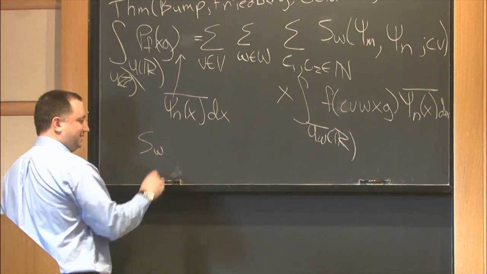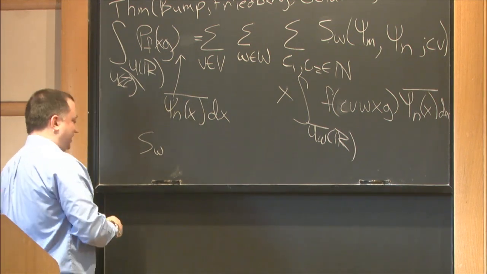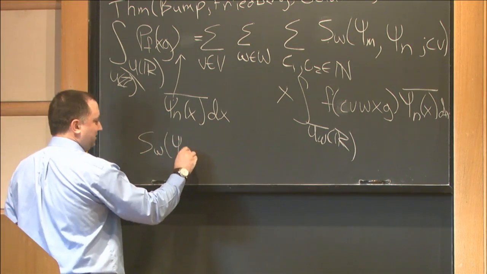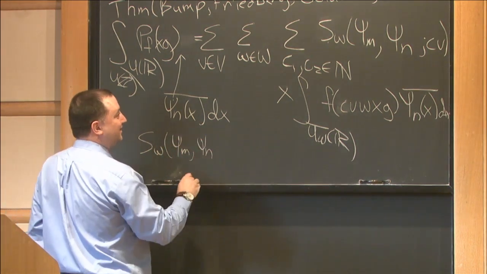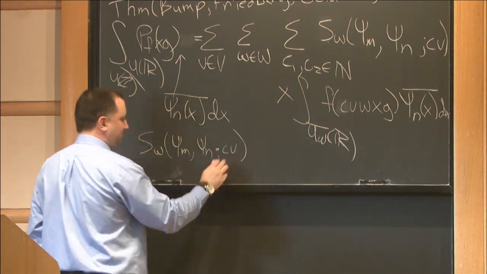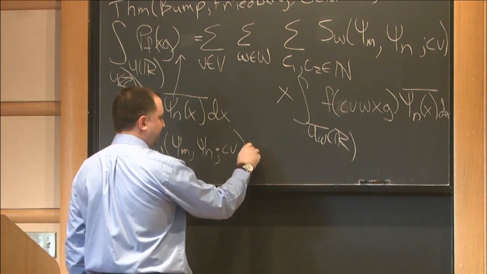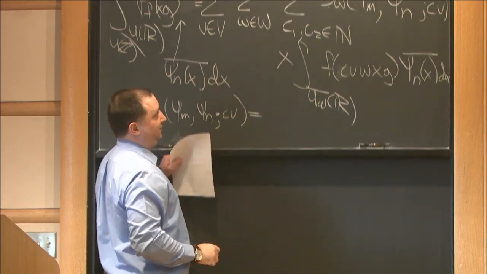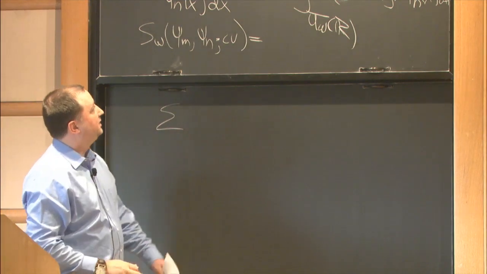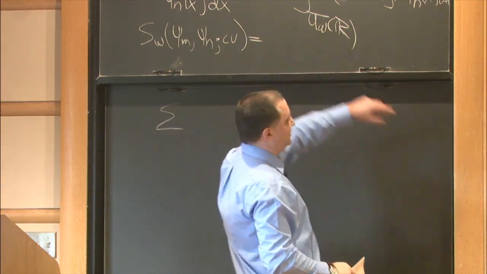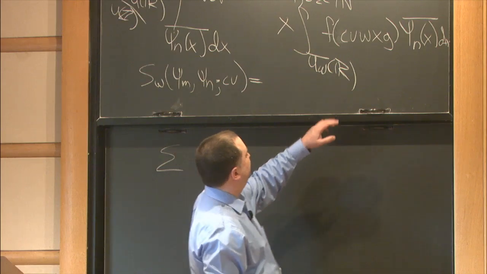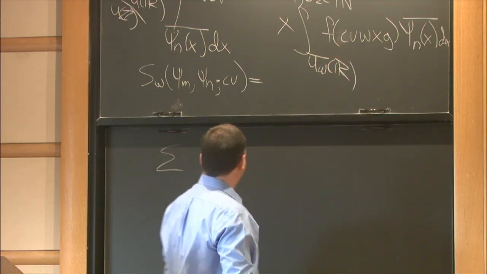So I'm writing this thing a little bit oddly, but that is the sum over matrices in gamma who have Bruhat decomposition involving c, v, and w.